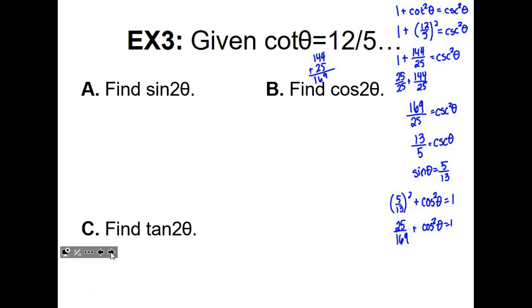We would subtract 25 over 169. 144 plus 25 gave us 169, so 169 minus 25 is 144. And then we'll square root both sides, so cosine theta is 12 over 13. So these two pieces right here are what we're going to need to plug into our formulas. They're a little harder to get on a problem like this.